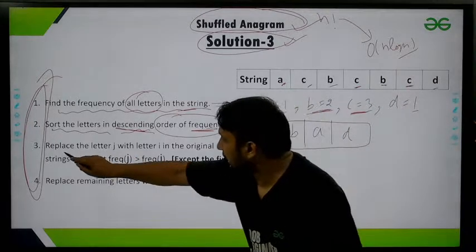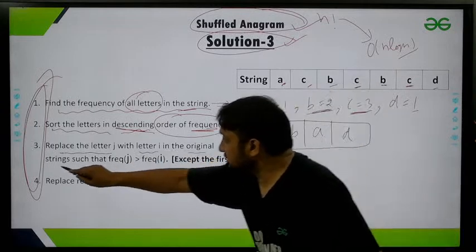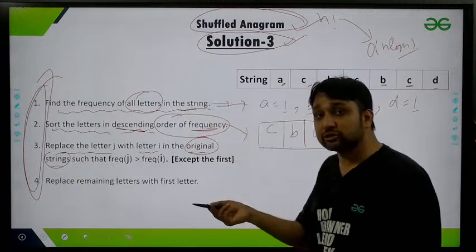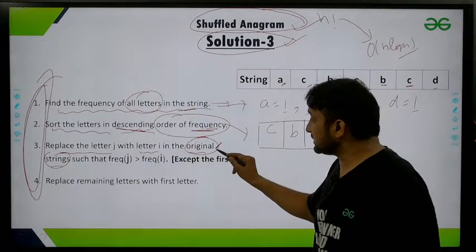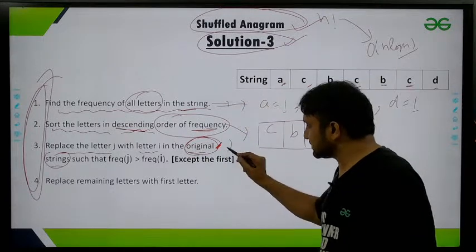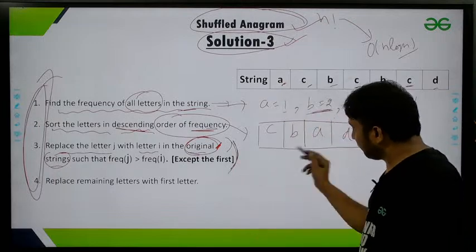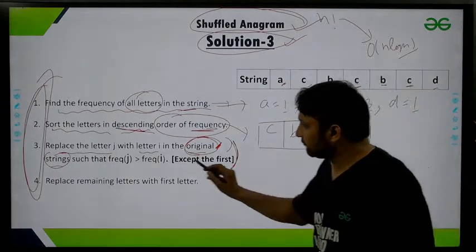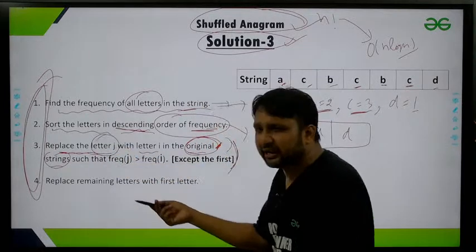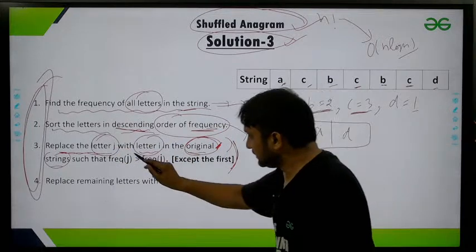That's it. Second step completed. Third step, replace the letter J with letter I in the original string. We have already done this thing. We are changing in the original string. We have done this thing in the second solution also, but with a little bit of change here. Let me explain this with the help of this example itself. One important thing here is that we need to replace any letter J with any letter I, such that this condition holds.